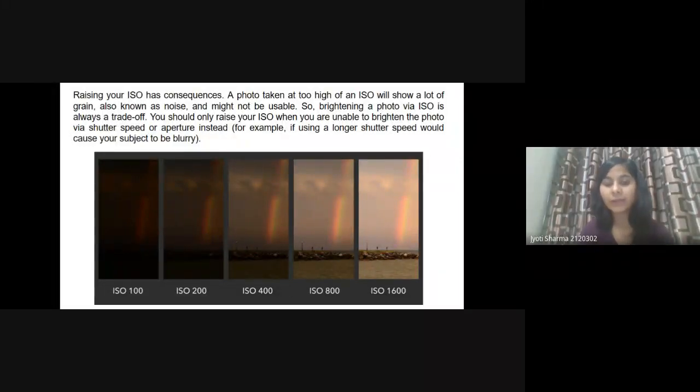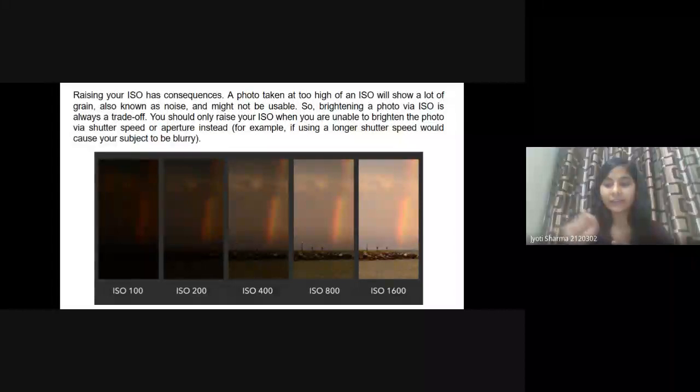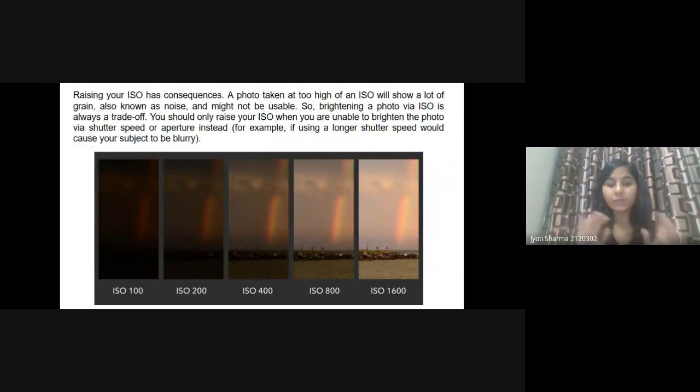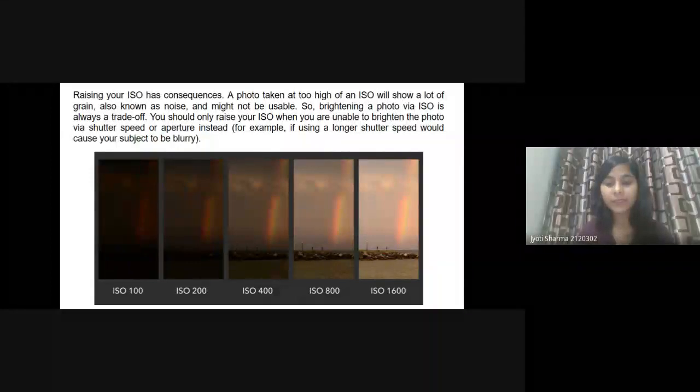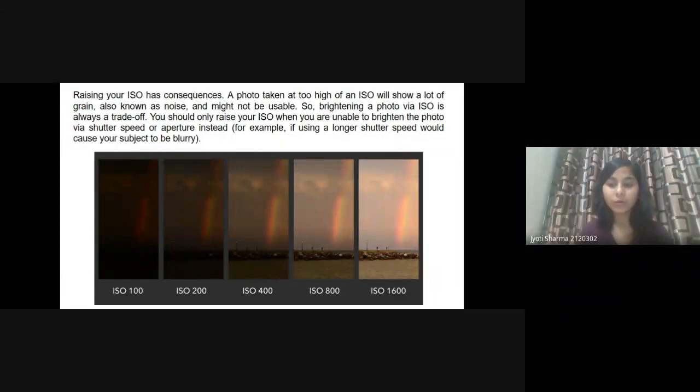But you have to keep in mind that if you increase your ISO, it will create some noise as well. It gives you a grainy image, with a grainy structure in the image. So you must realize that if there is a possibility to adjust the shutter speed or the exposure, then that is better.